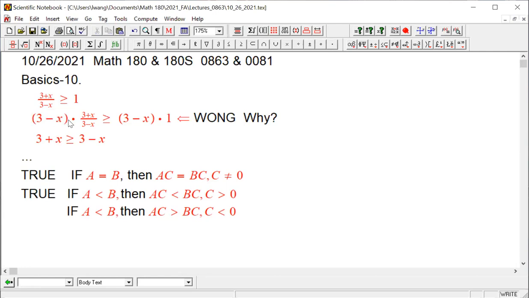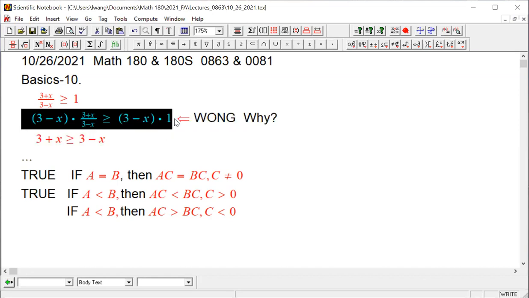If 3 minus x is positive, then we don't need to switch. But if 3 minus x is negative, we have to switch. So do we switch or we don't switch? That's why this step is very, very popular, but it's terribly wrong. Do you follow me? Yes.